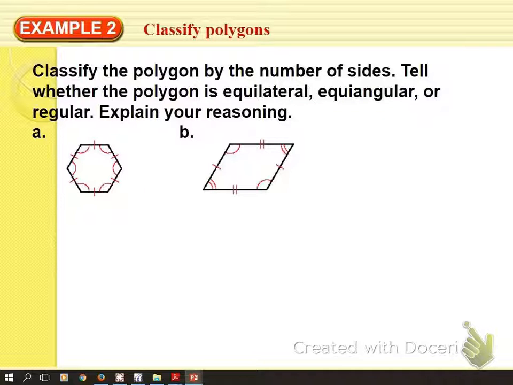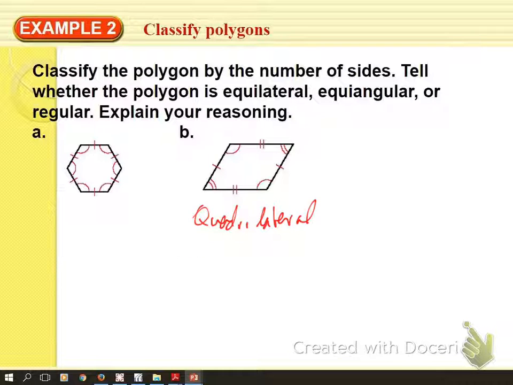This guy, 1, 2, 3, 4 sides makes it a quadrilateral. Are all the sides congruent? No, so it's not equilateral, so it can't be regular. Are all the angles congruent? No, it's not equiangular. So it's not any of these.